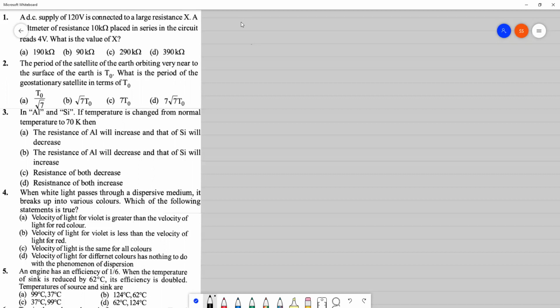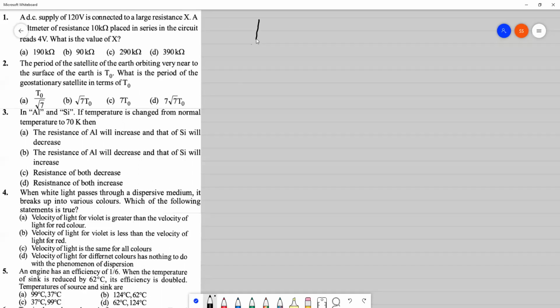So now we will solve this question paper. The first question reads out that a DC supply of 120 volt is connected to a large resistance X. A voltmeter of resistance 10 kilo ohm is placed in a series circuit. So we will draw a diagram on this.